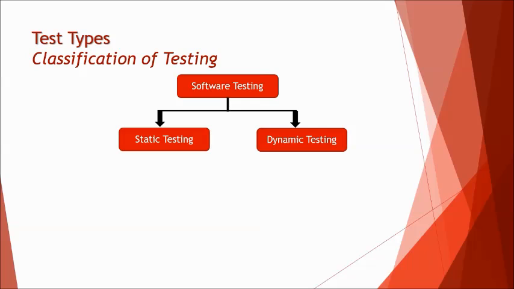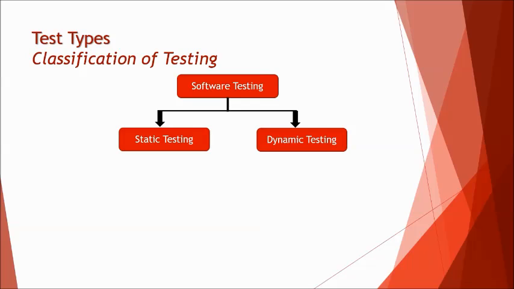For example, in dynamic testing you run your test cases over the application. You run the application with some kind of inputs given, and based on that you seek the desired output that depends on the requirements. So dynamic testing involves all this execution, whereas static testing does not have any kind of execution involved.